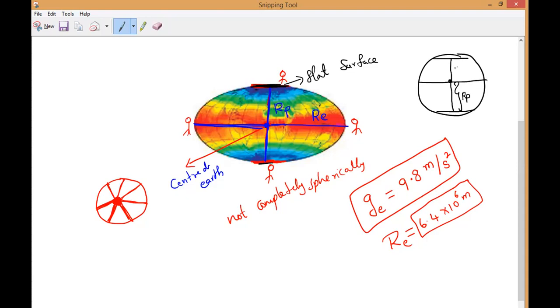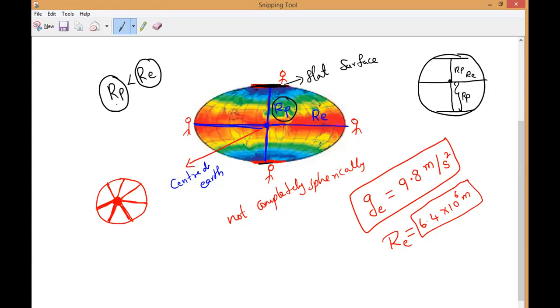This is the radius from the poles, that is RP, and this is RE. Hari, decrease or increase? Decreases, sir. So RP is less than RE, which means the radius at the poles is less than the radius at the equator. Is it yes or no?